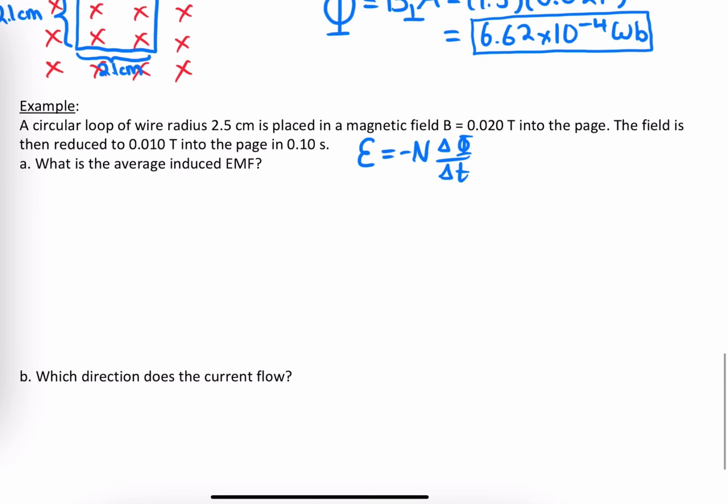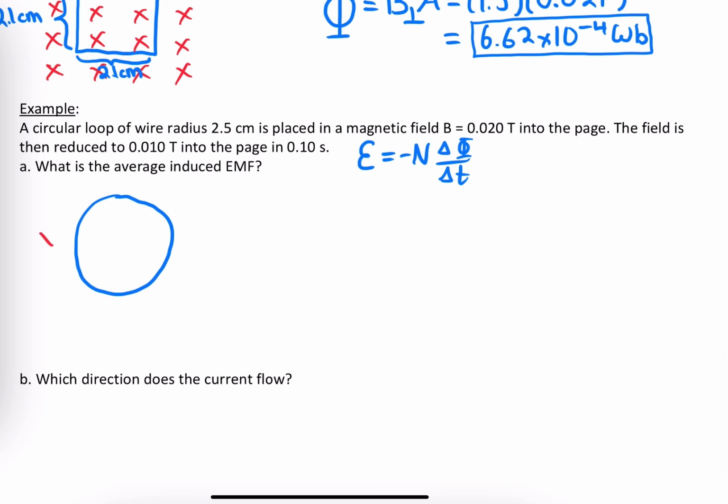So I have a circular loop of wire, and it's in a magnetic field. And that magnetic field is reduced.